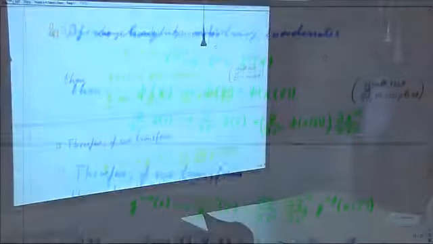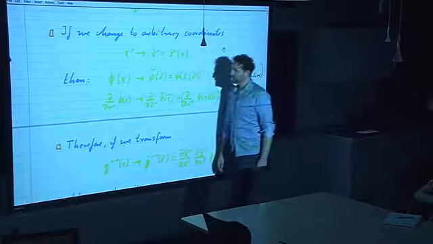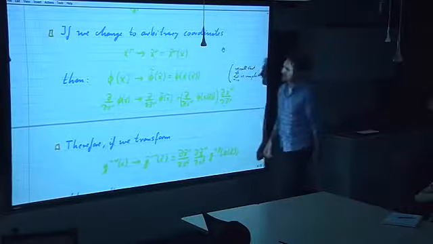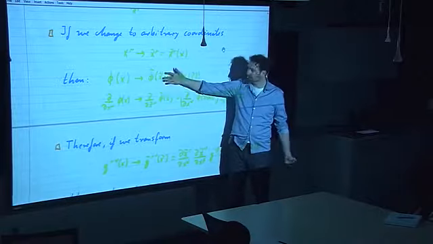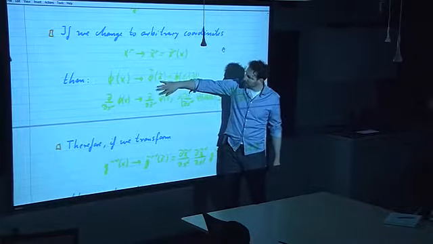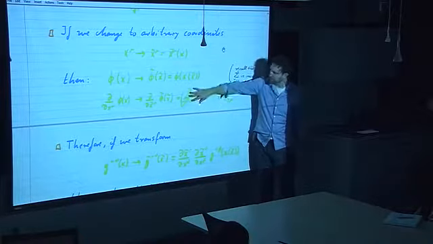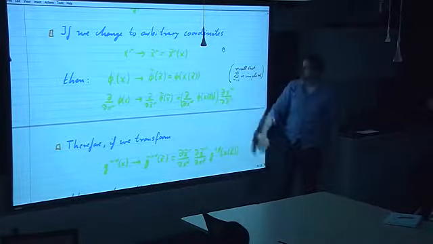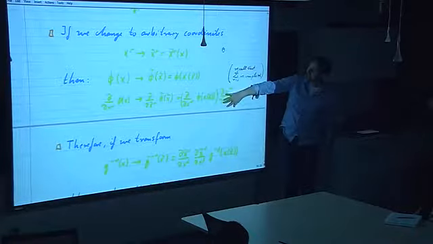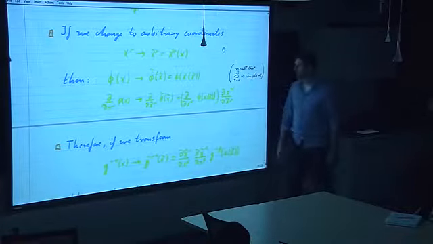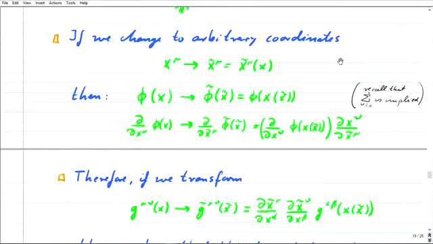But what that also means is that the derivative of phi with respect to space or time in the new coordinate system takes a different form. The derivative of phi tilde now with respect to x tilde is the derivative of phi with respect to x, according to this definition here, but followed by a chain rule factor dx by dx tilde.